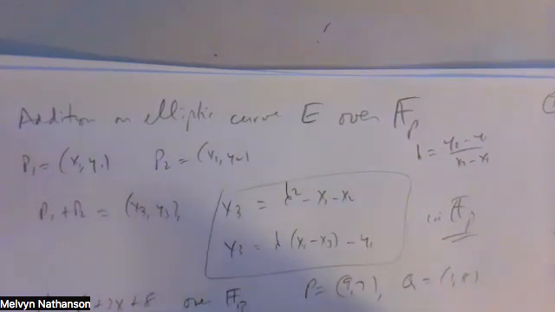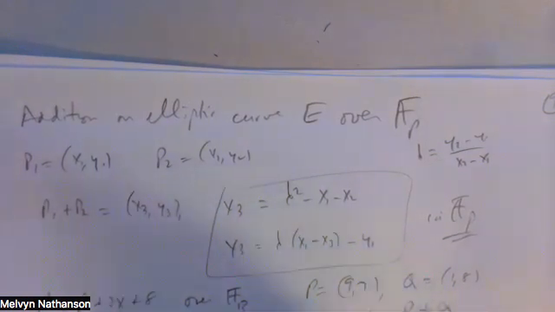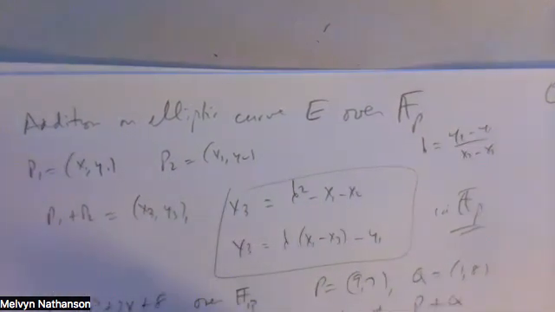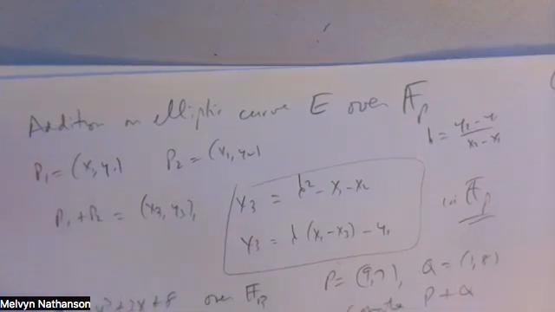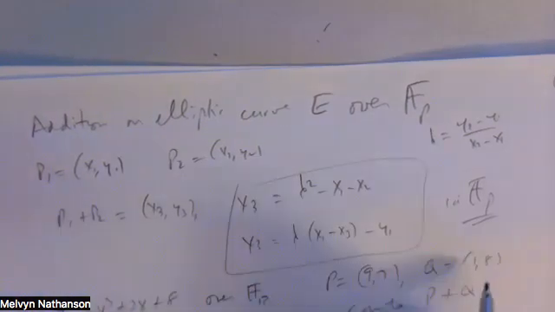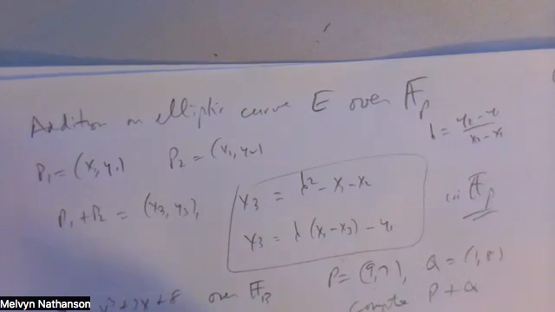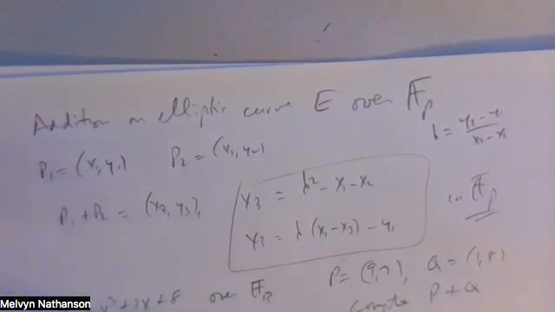So I want to compute P plus Q over this elliptic curve. So my slope, lambda, which is (y2 minus y1) over (x2 minus x1), is (8 minus 7) over (1 minus 9), which is 1 over minus 8.